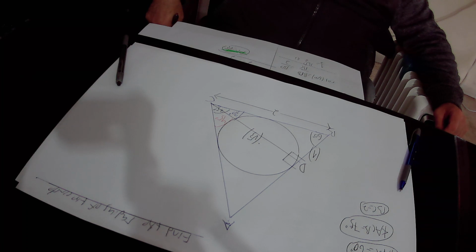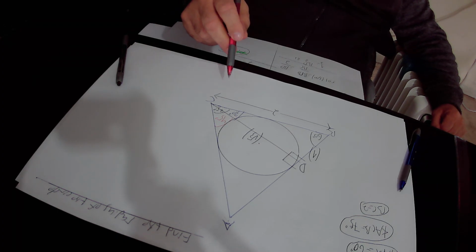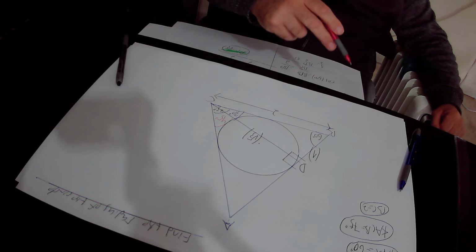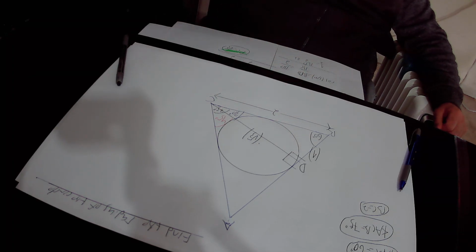So in the right triangle ADC, this angle equals 45 degrees, this angle equals 90 degrees. 90 degrees plus 45 degrees is 135 degrees.